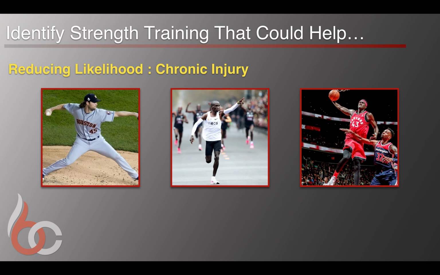Okay, so if we look at these three examples here, we've got a pitcher who's obviously doing a high velocity movement, but it's a repetitive movement. We're talking about 100 repetitions over the course of a game, right? We've got a distance runner in the middle, or a marathon runner, who's, over 42 kilometers, taking probably somewhere close to 42,000 steps.